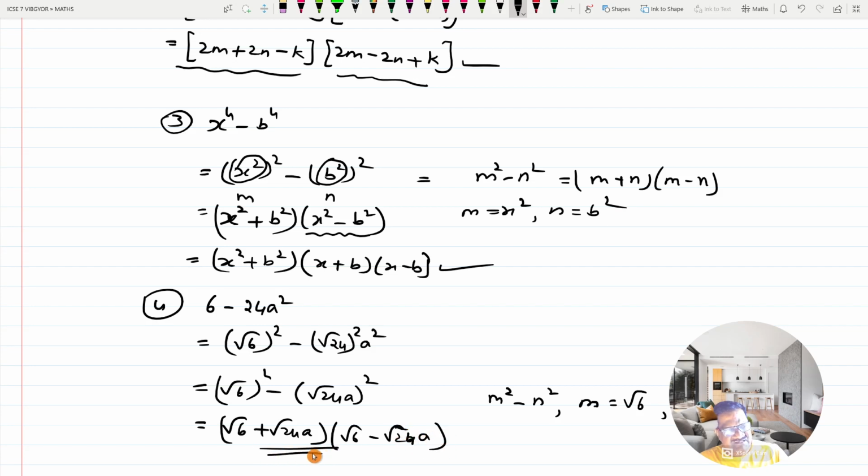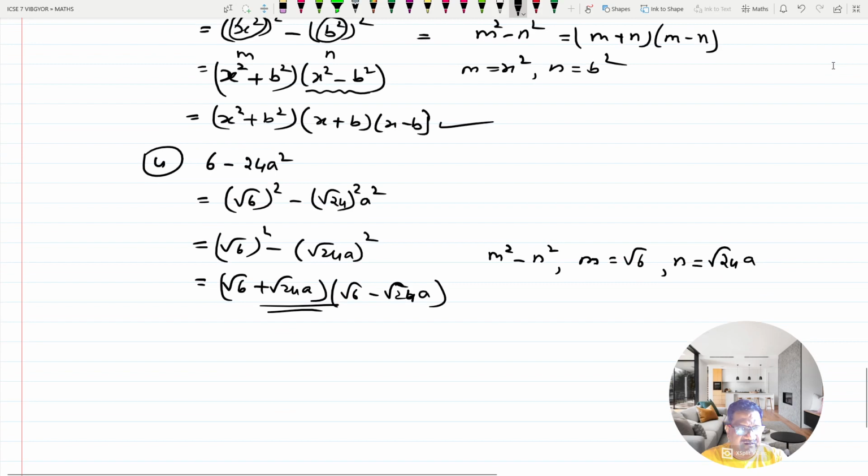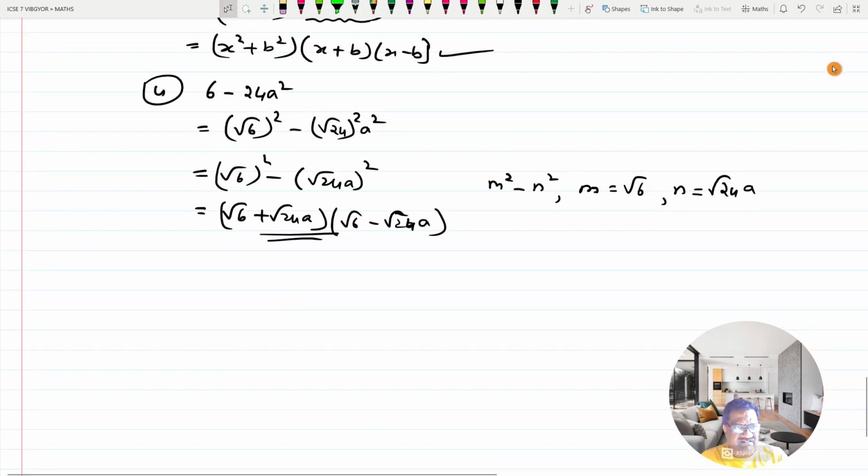Now this is the factored form, or the factorization. The answer has to be like this: root 6 plus root 24a into root 6 minus root 24a. That was the question which you have to deal with in that way.